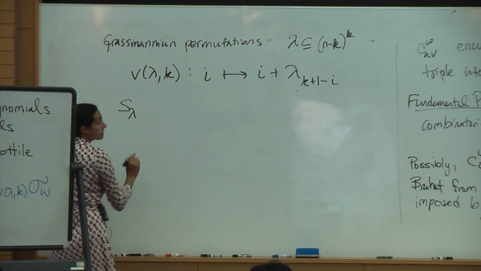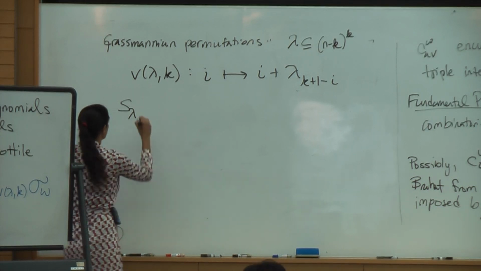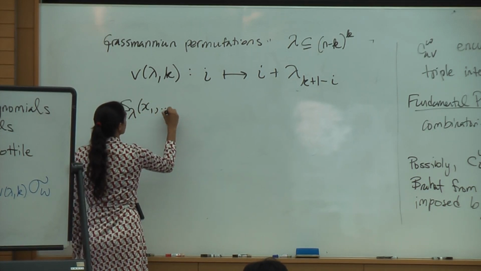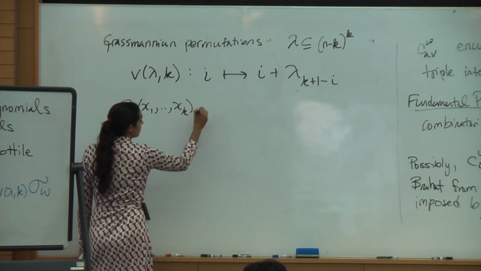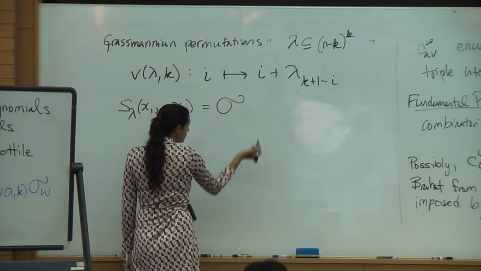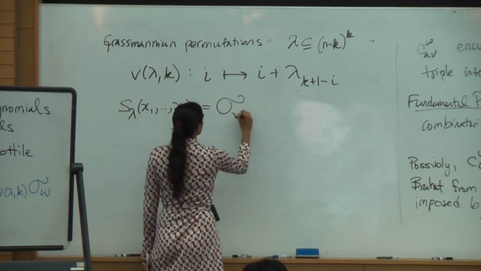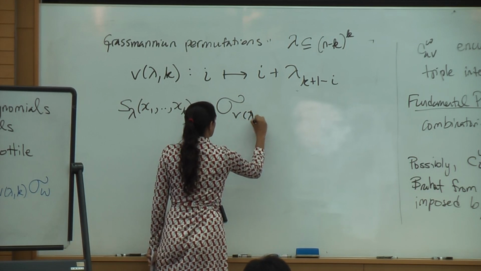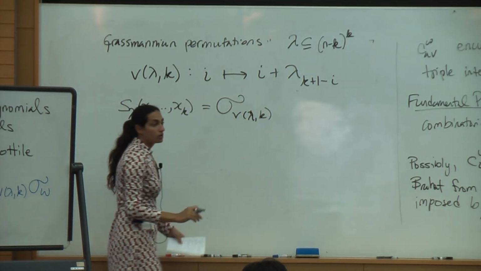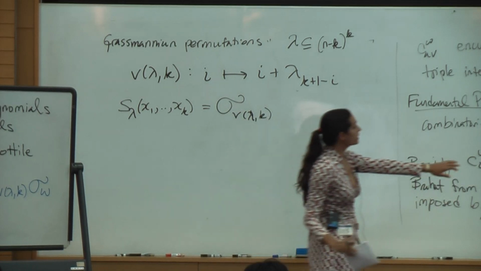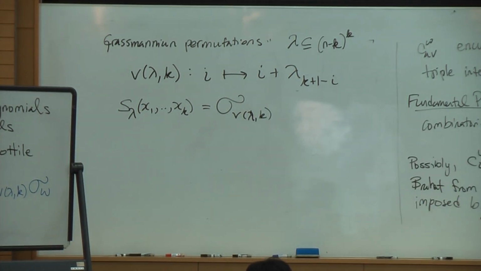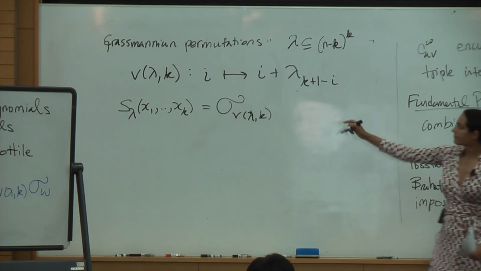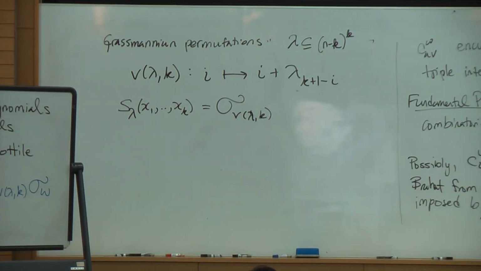Here's the result: if you take a Schur function S_lambda and you evaluate it just at the first k variables, then this is honestly equal to a Schubert polynomial. So when I tell you this is a special case, it's not just that it's completely analogous, these really are Schubert polynomials. So I do know something about Schubert polynomials.